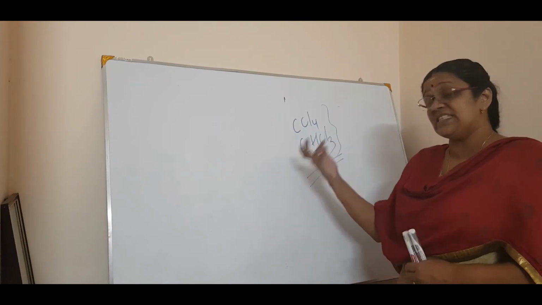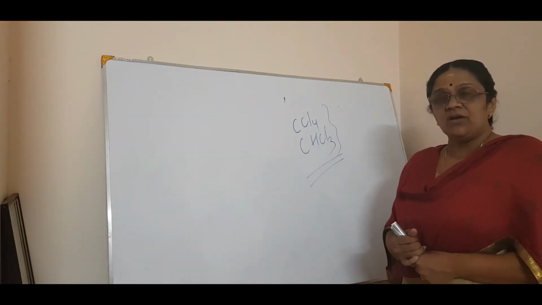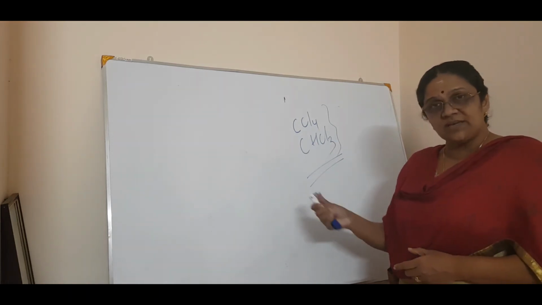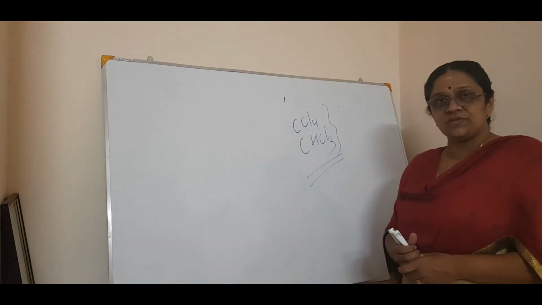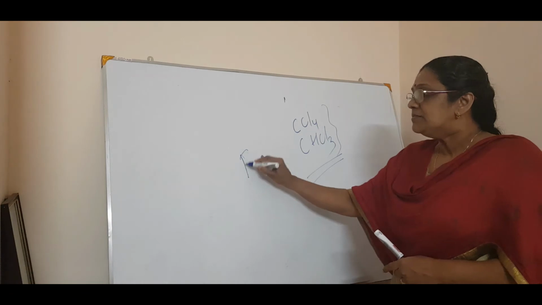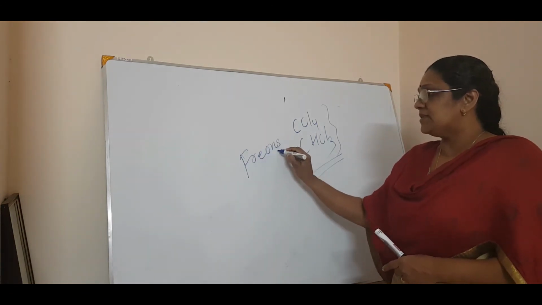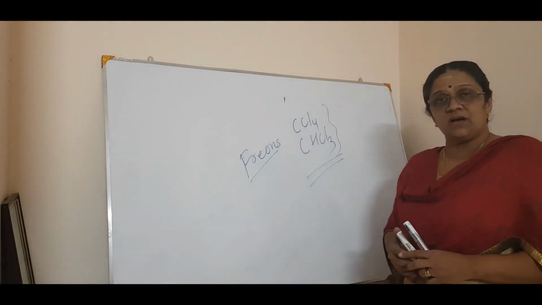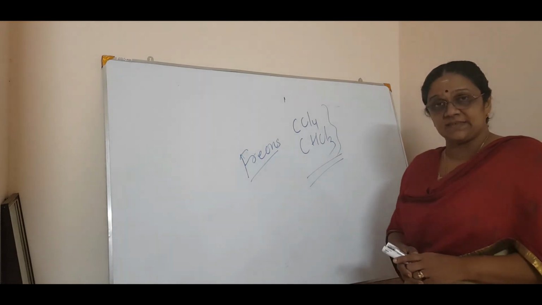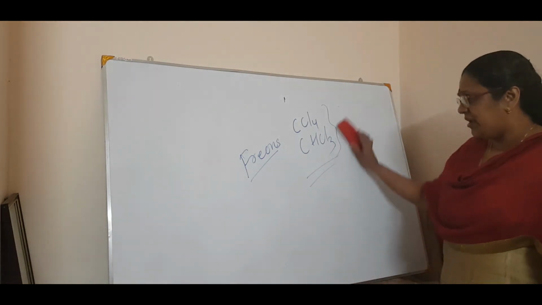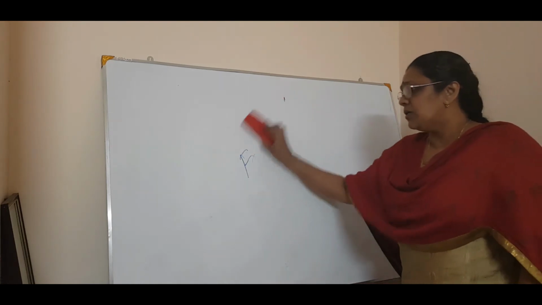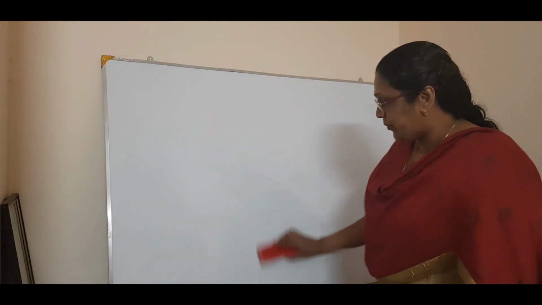The easiest are bleaching action, drinking water, the oxidizing property, and lab reagent. So all this chlorine is used in the manufacture of poisonous gases. That's all about chlorine. It is a very, very important topic. Hope you understood.